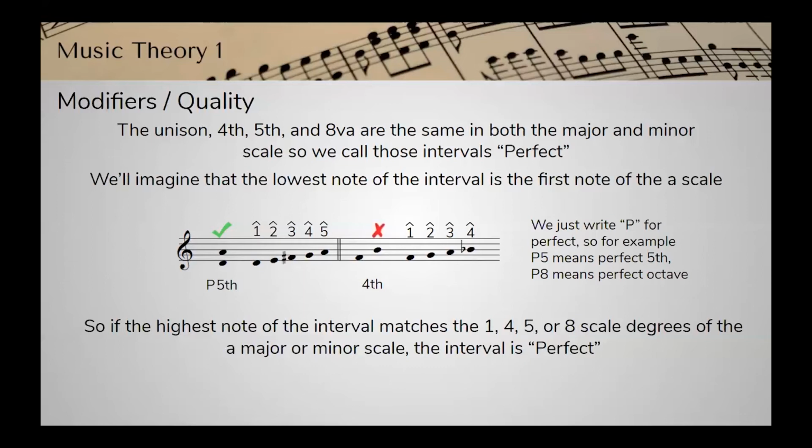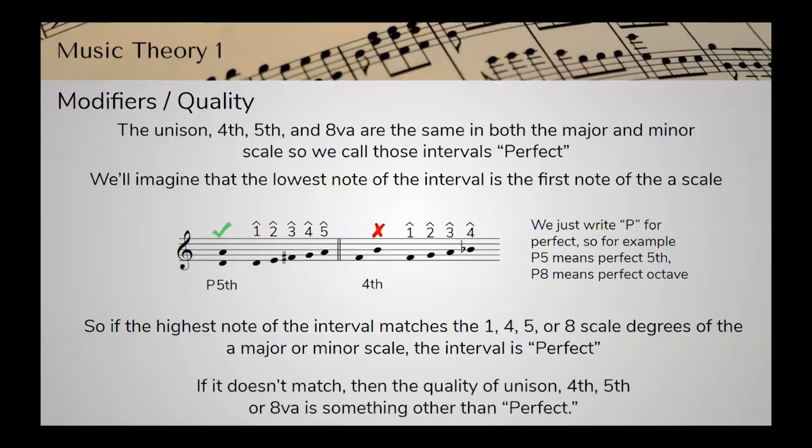So that doesn't match. That B natural is not what it should be. So then we say that that's something other than perfect. We'll learn what that is in the next couple videos. But for now, it's enough just to know that that is not a perfect fourth. It's some other kind of fourth. I think in the homework you just write an X for things that are not perfect.